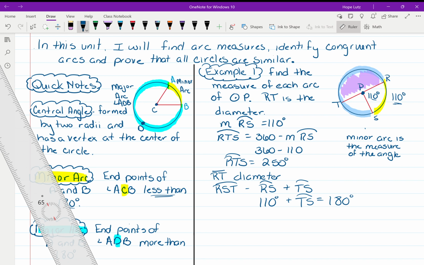So if we want to find what T to S is, we would take this 110 and we would subtract it, which would give us TS, which is going to be 70 degrees.